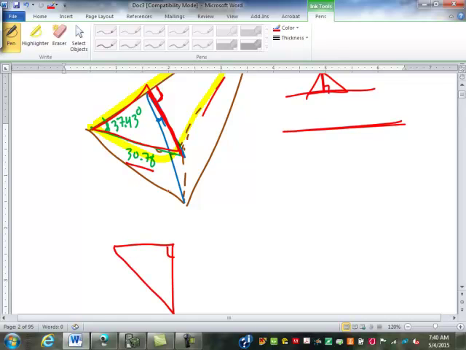The 30.78 is no longer one of the legs, it's the hypotenuse over here. And the 37.43 is still just an angle, of course. And now the side we want is this one here. I'll label that as C for now, since we found A and B. How do I find side C?